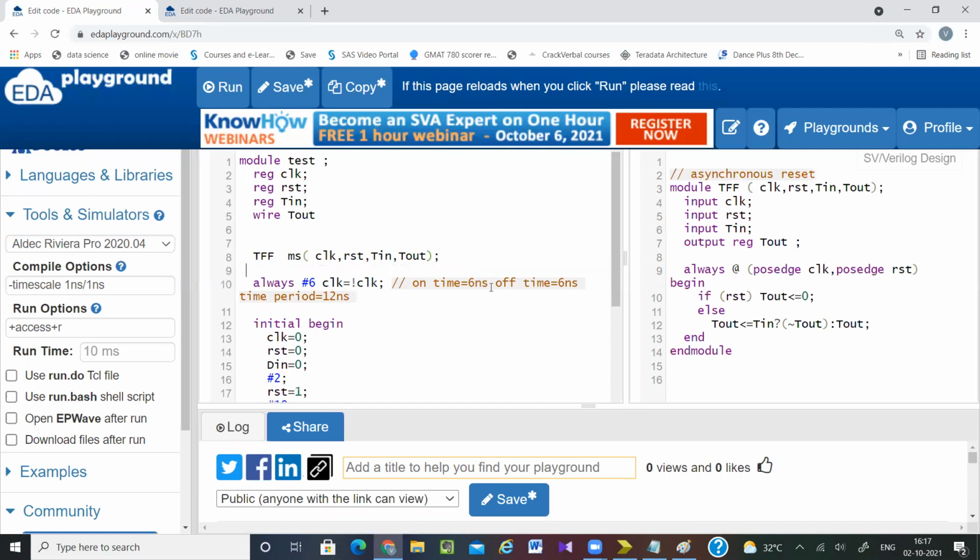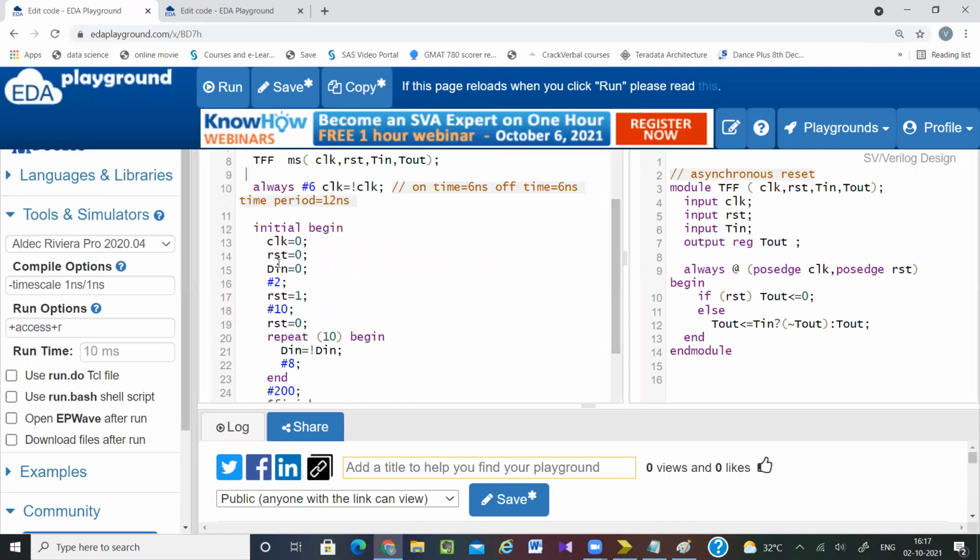Okay, next clock generation. So here what I am doing, I am first making t in equal to 1. Okay, then after some period of time, I am making t in equal to 0.